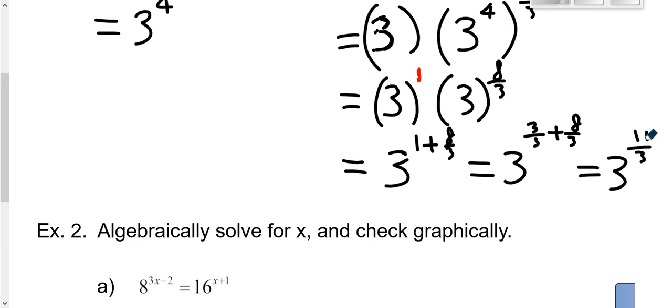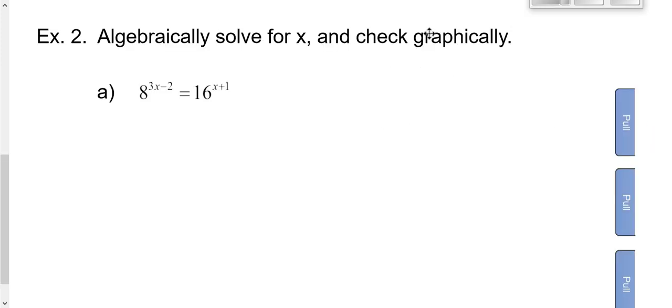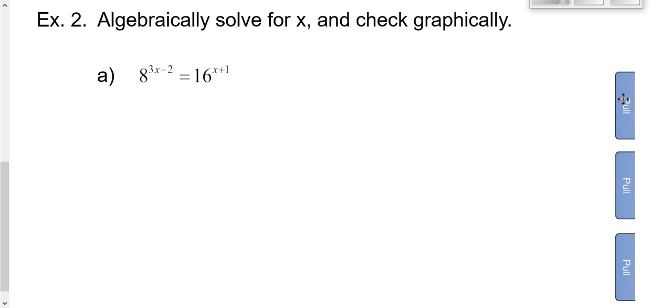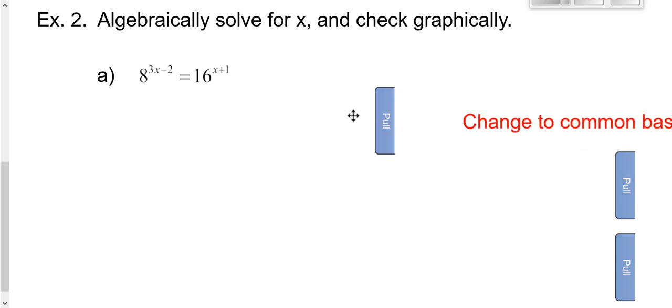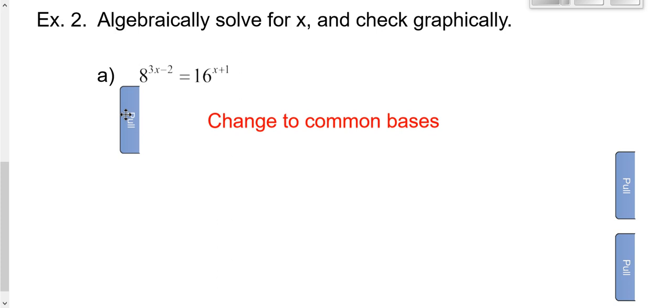So here we go. Okay, next one: algebraically solve for x and check graphically. So let's do this here. You might be wondering, how do we solve this algebraically? You might want to pause and then copy down the notes. First step is to change to a common base. So here the base is 8, here the base is 16.